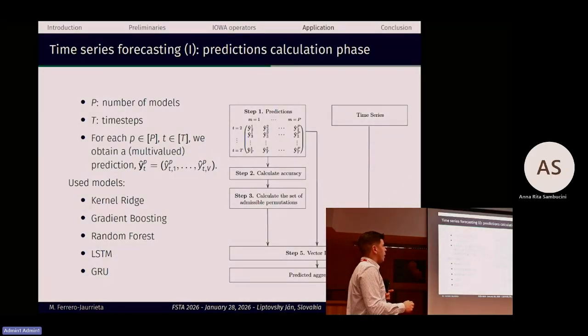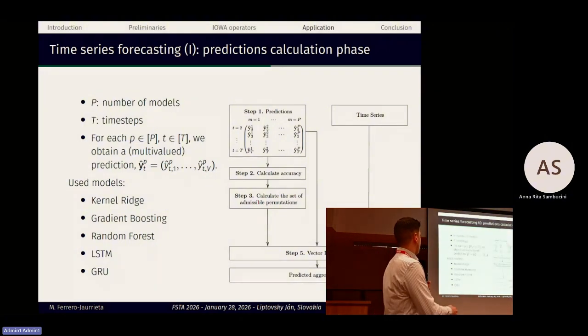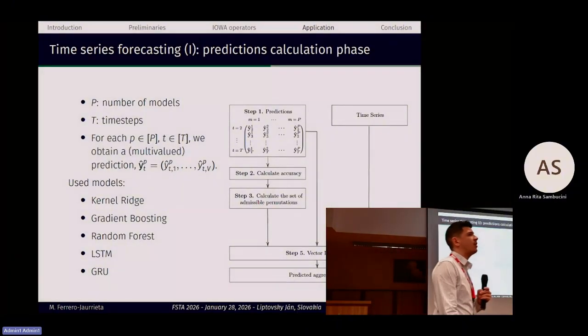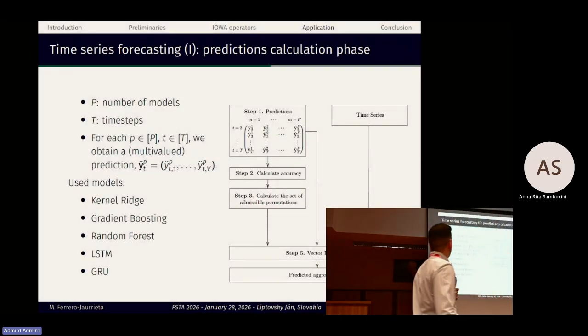So for each P and each T, we obtain a multi-valued prediction. The models that I have used are kernel ridge regressor, two bagging and boosting regressors, and two recurrent deep learning models, long short-term memory and gated recurrent unit.